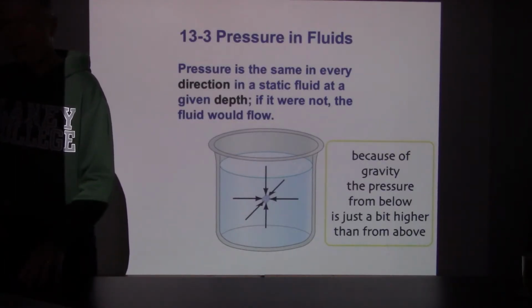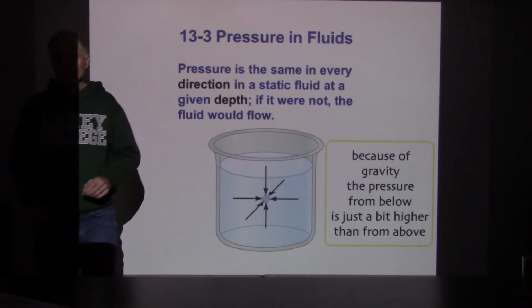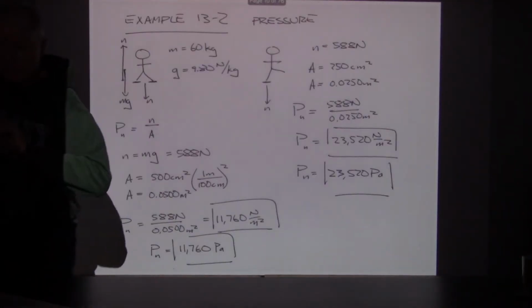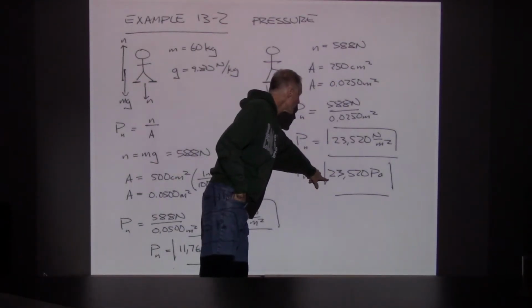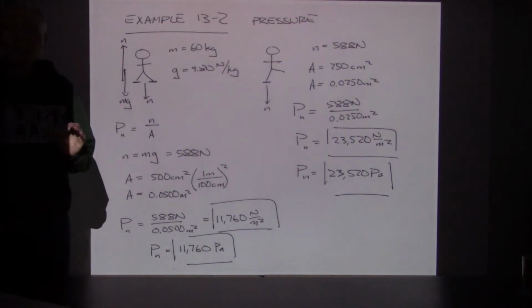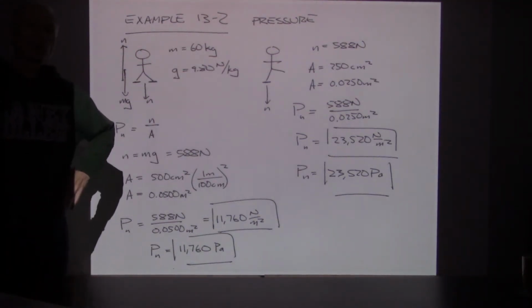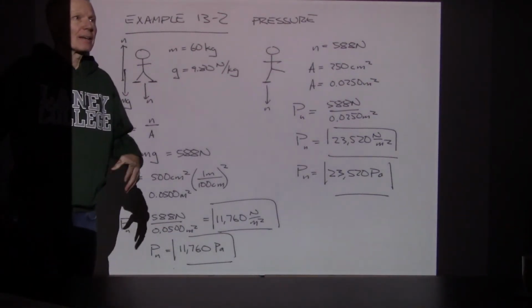All right, what about this pressure in fluids? So going back to this really quickly. Okay, so I stood on 1 foot, and I got the pressure to go up to 23,520 pascals. Ooh, what happens if I stand on my toes? What if I stand on just one set of toes? If I go up on my toes, can I stand? I guess I can.